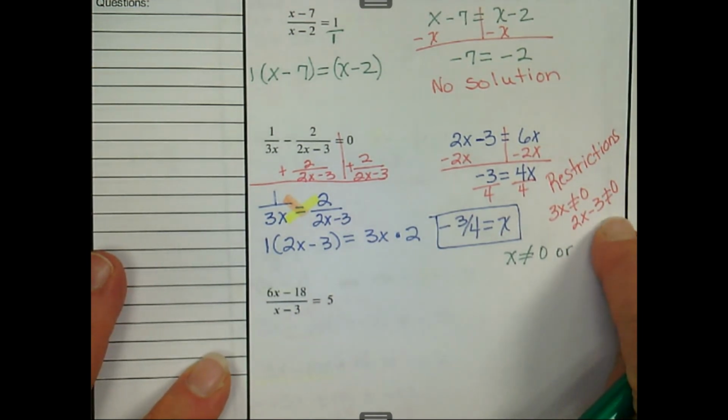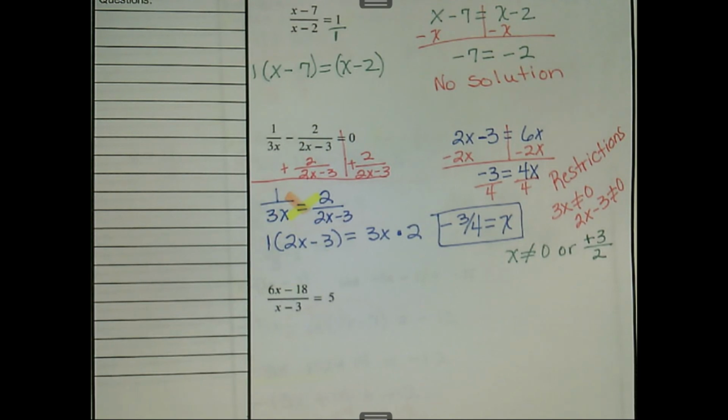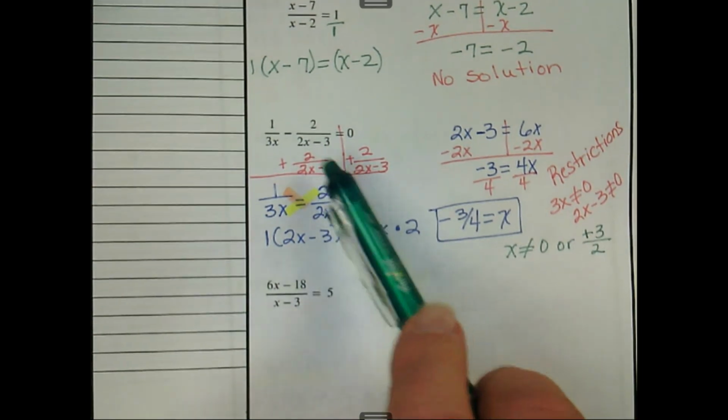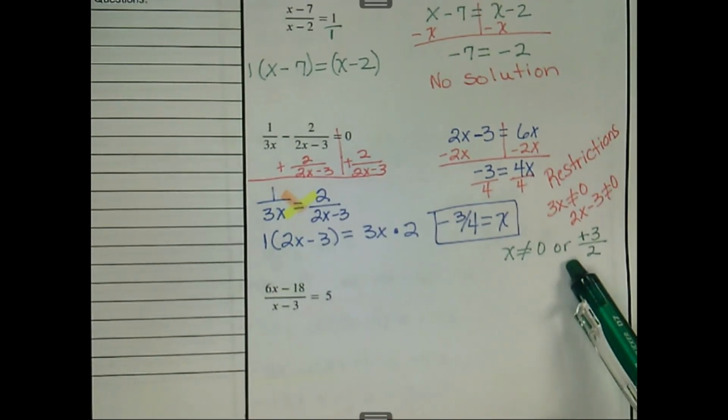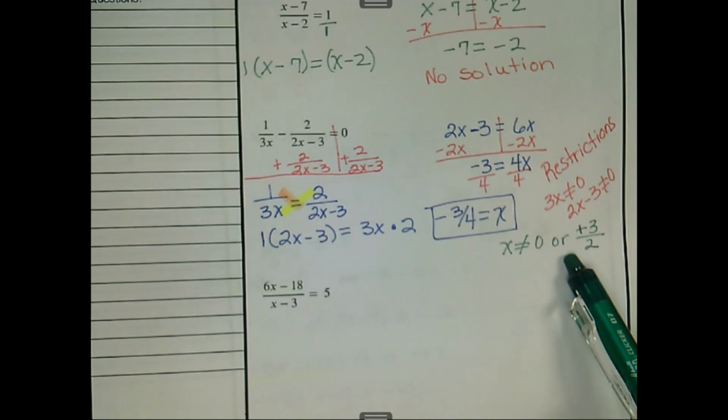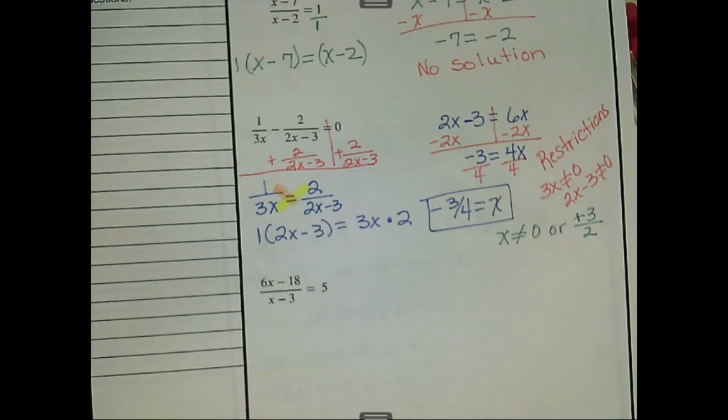Or, if I'm looking at this one, I add 3, and then I divide it by 2. So those are your two restrictions. You don't have to set them up like this. You can go from this to the end if your brain works that way, and that's fine. There's different ways to do it, and you're going to do it the way that your brain processes.